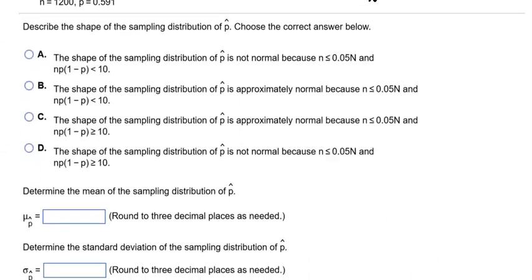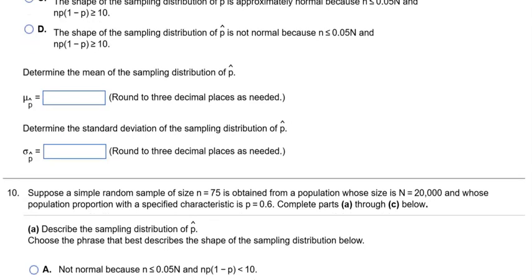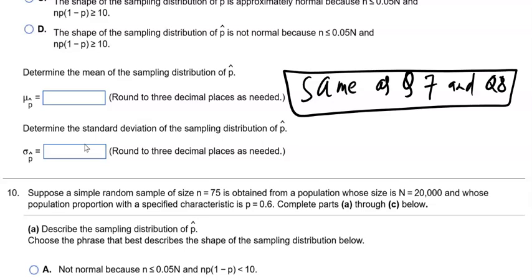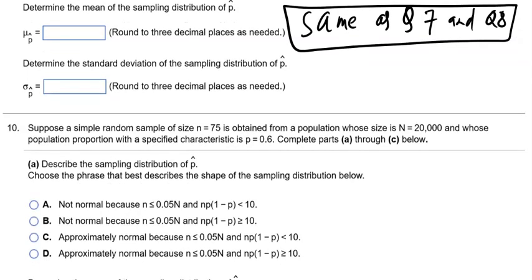You check the two criteria to be normal, and next you find the mean and the standard deviation of the sampling distribution of the sample proportion. This is similar to question 7 and question 8, so you can finish it yourself.